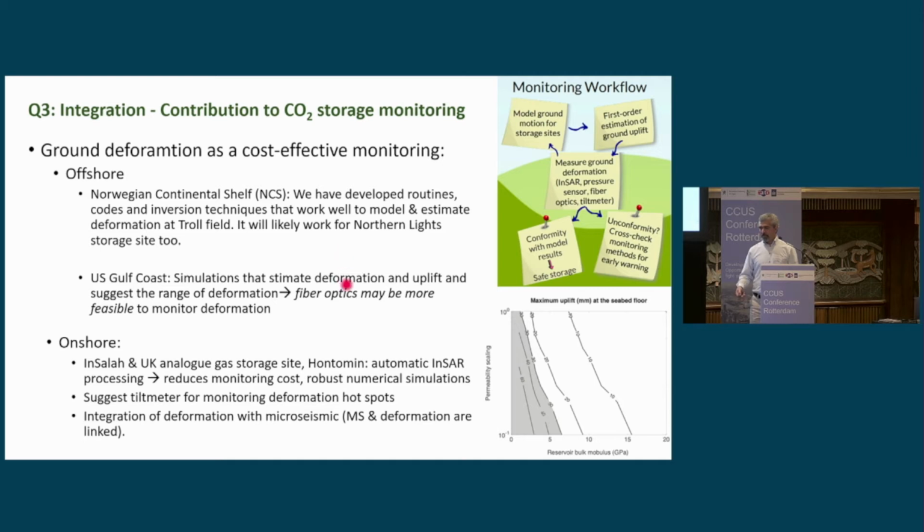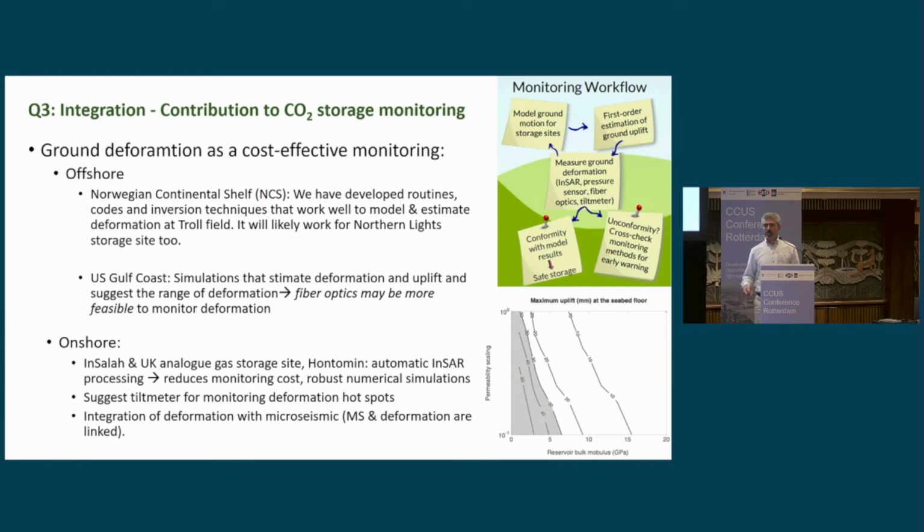It simply says a monitoring workflow based on ground deformation, but we see that it should be linked to other data, like microseismic events and so on. More specifically, if we talk about ground deformation in a monitoring workflow, then for offshore Norway, for example, we have tested this for the Troll field.